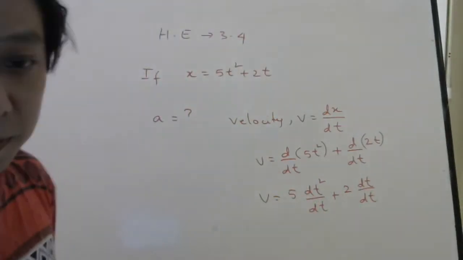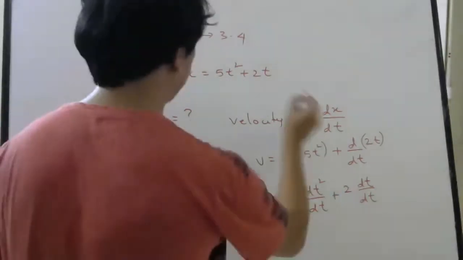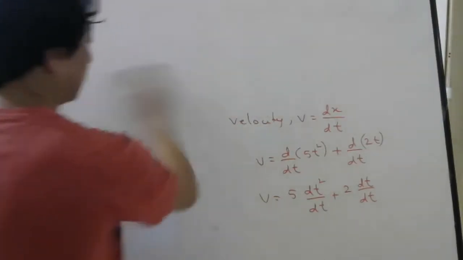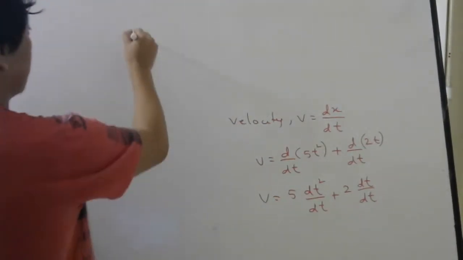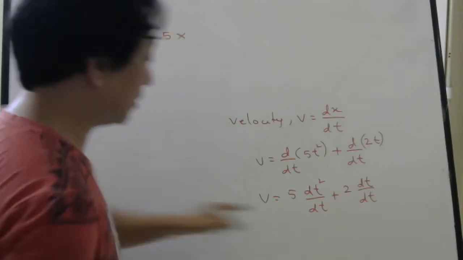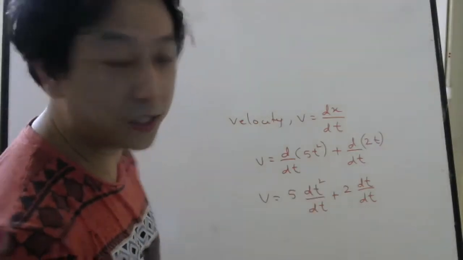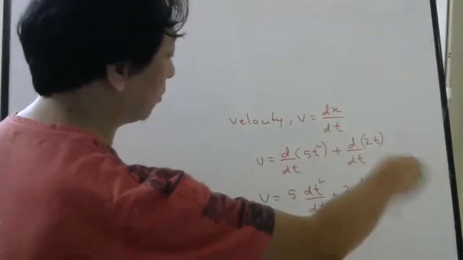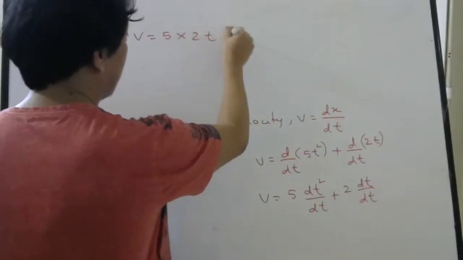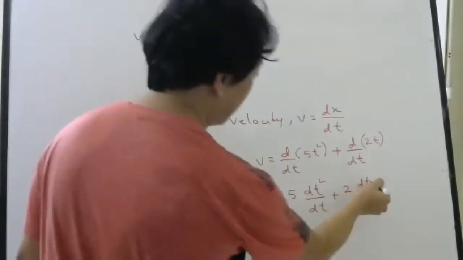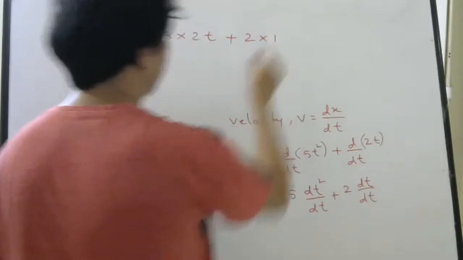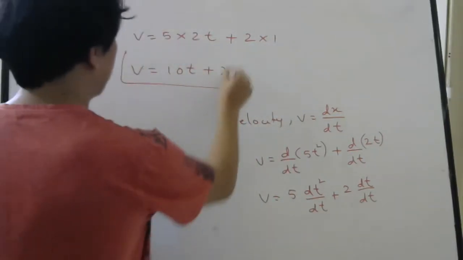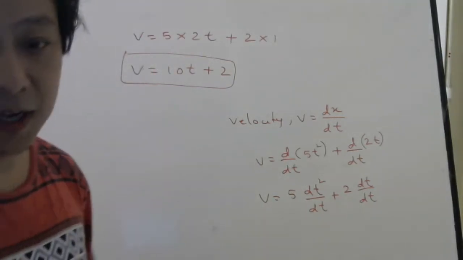Then you apply the formula of differentiation. 5 into, what is the differentiation of t square with respect to t? x power n, n x power n minus 1. So 2t power 2 minus 1, 2t. Plus differentiation of t with respect to t is 1. So velocity is 10t plus 2.